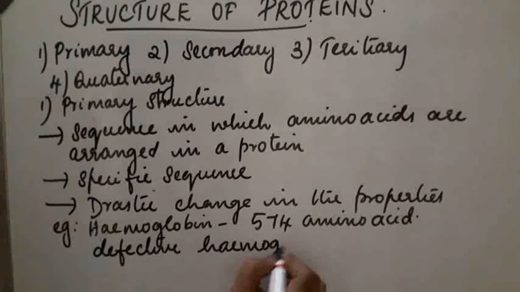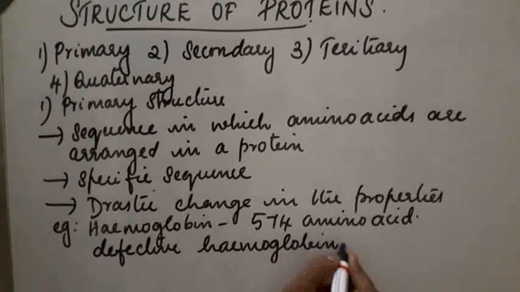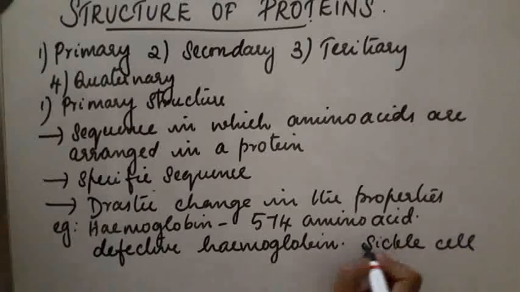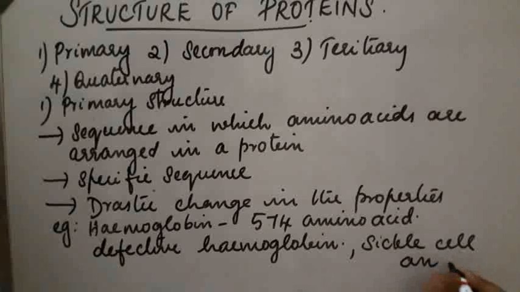This is seen in patients suffering from sickle cell anemia. A person suffering from sickle cell anemia has defective hemoglobin.